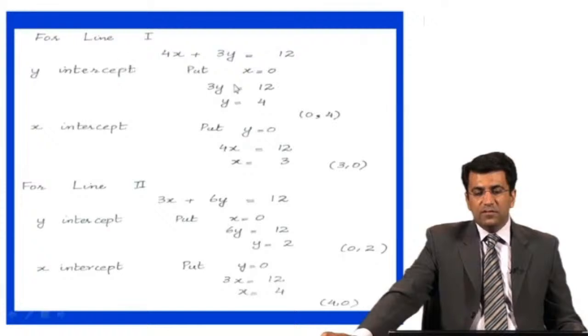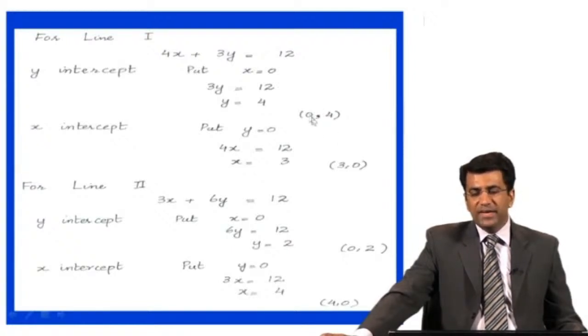For equation 1, putting the value of x is equal to 0 and putting the value of y is equal to 0 one by one, we can get a point 3 and 0. That is the point on the x-axis where x coordinate is 3 and y coordinate is 0. And similarly we can get another point, that is 0, 4, that is the y-intercept.